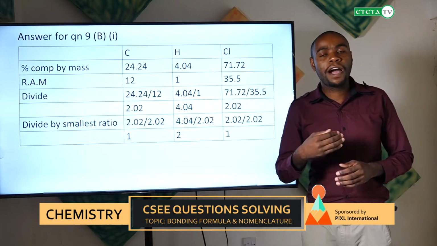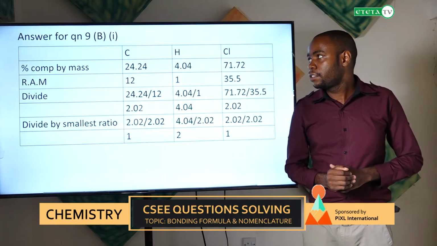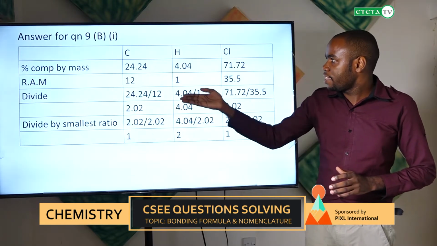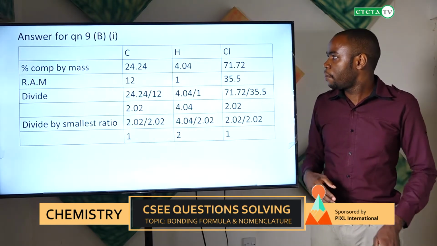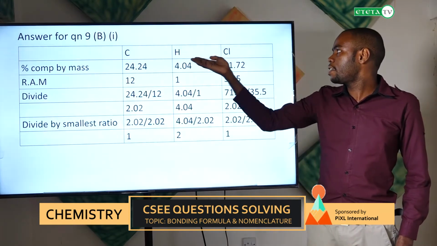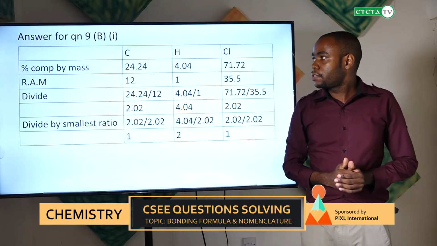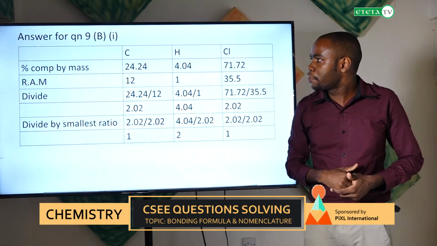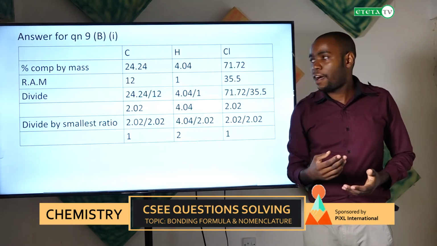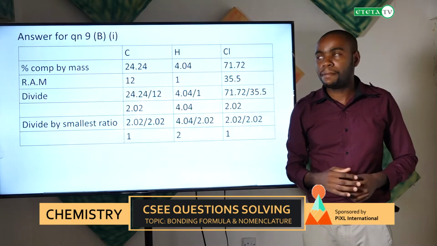First of all, you have to find the empirical formula, as shown in this table. We have carbon, hydrogen, and chlorine. The first thing you need is the percentage composition by mass, and from the question we have been given the percentage composition by mass.